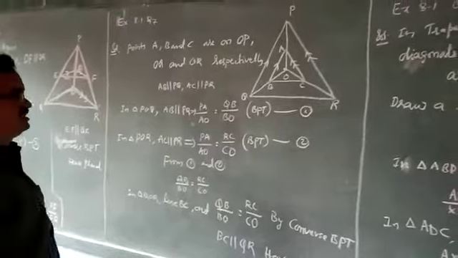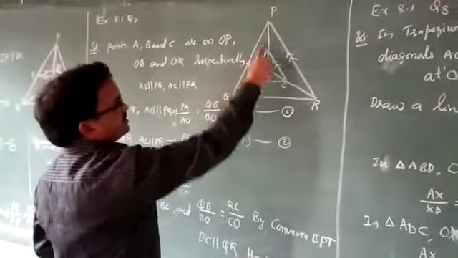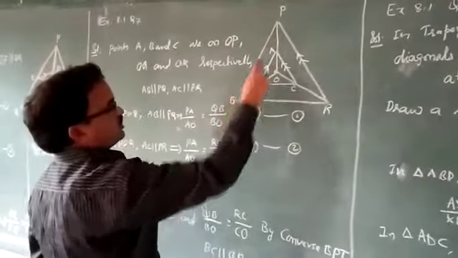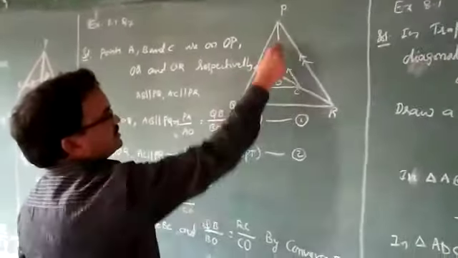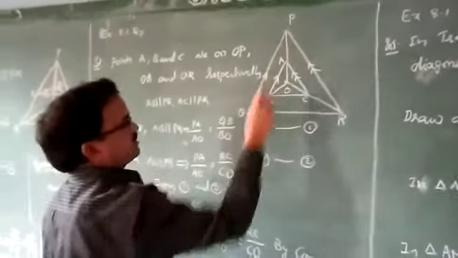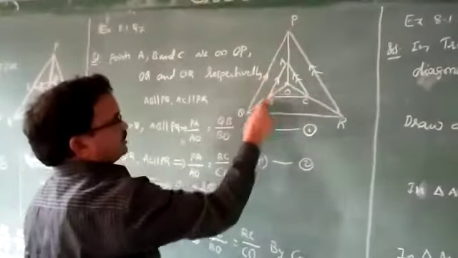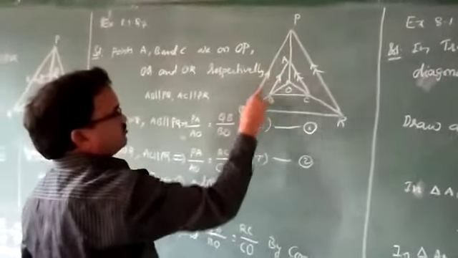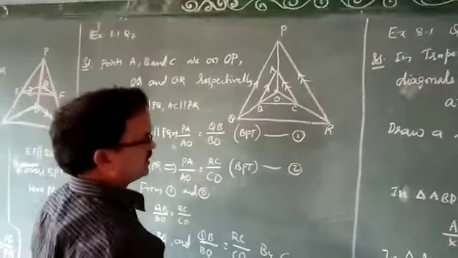Here you consider these two triangles POQ and POR. In these two triangles, PO is a common side.